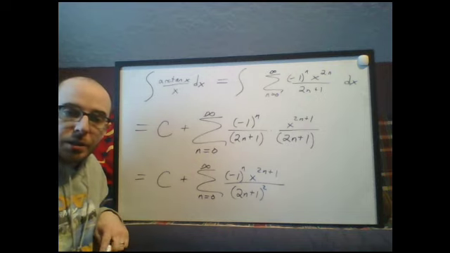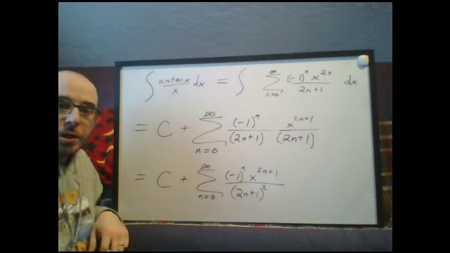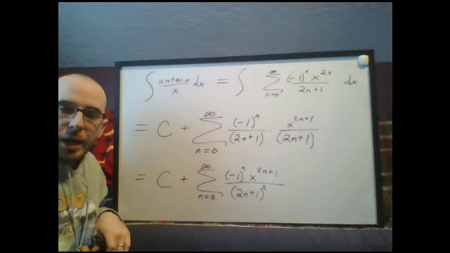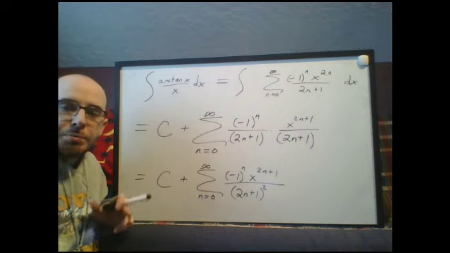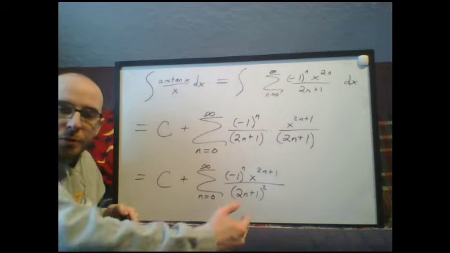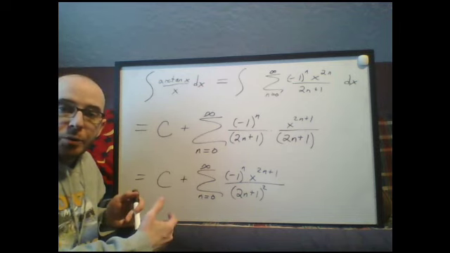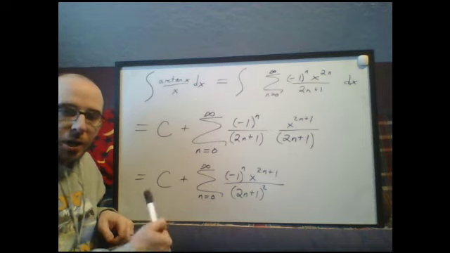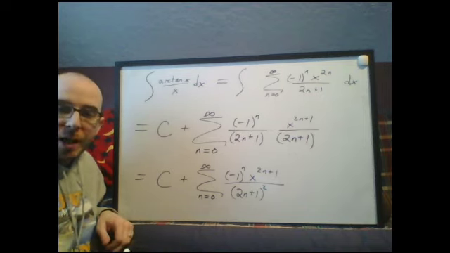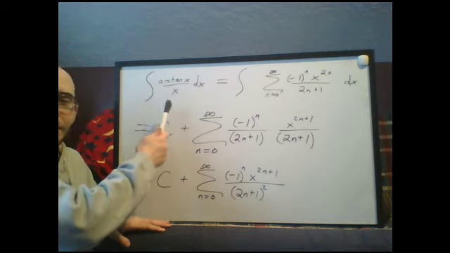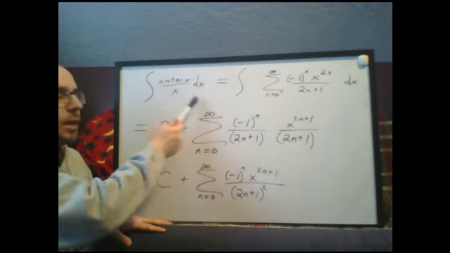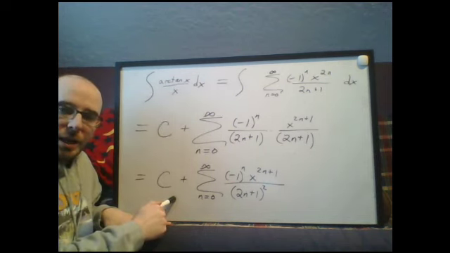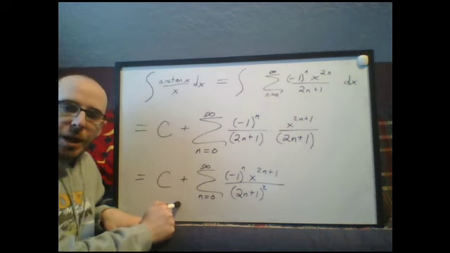Contrast that with the few examples I did where I was figuring out what was the power series for arctangent, or what was the power series for ln of x plus 1. There we had a specific antiderivative of some other function. And so for that specific antiderivative, it has a specific value for the c that we had to figure out. So arctangent of 0 was 0, so its c value was 0. Here, I'm not looking for a specific antiderivative. The integral of this means the general antiderivative, so it should have a c at the end. In our final answer, there should be a plus c that we just don't have an answer for.